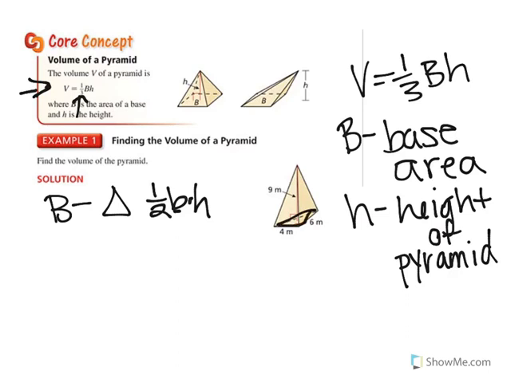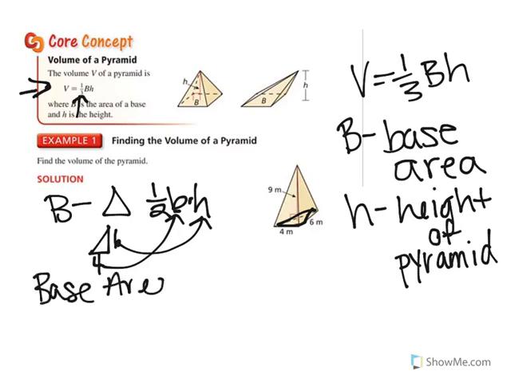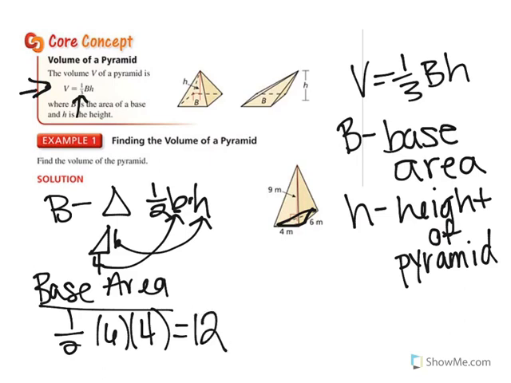I see that this is 4 and that this is 6. 4 is going to go in for little b, 6 is going to go in for little h. So my base area is going to be 1/2 times 6 times 4. So 6 times 4 is 24, divided by 2 is 12. So we know that big B is 12.